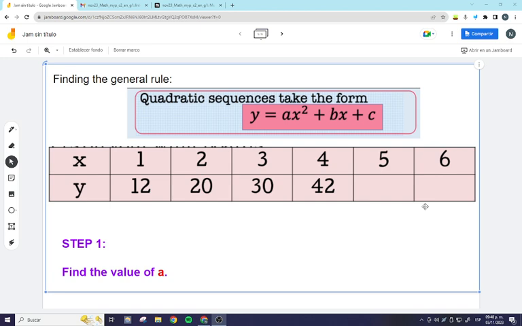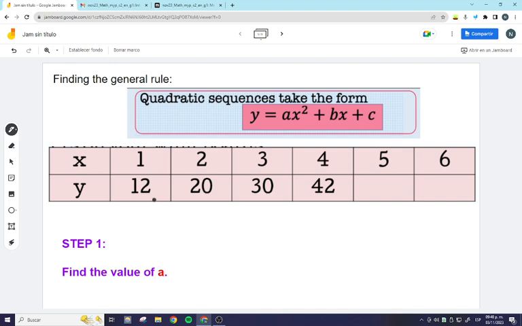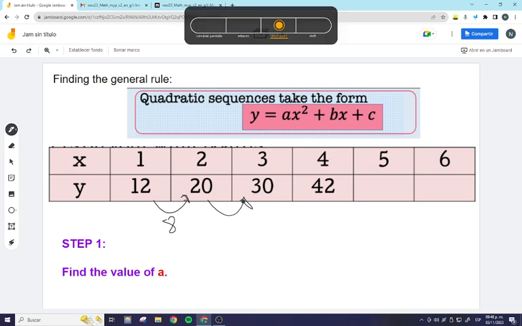You will notice that it's not a linear pattern, a linear sequence, because the difference is not constant. Here, the difference between 12 and 20 is 8. Here it is 10. So right from the start, we know that it's not linear.